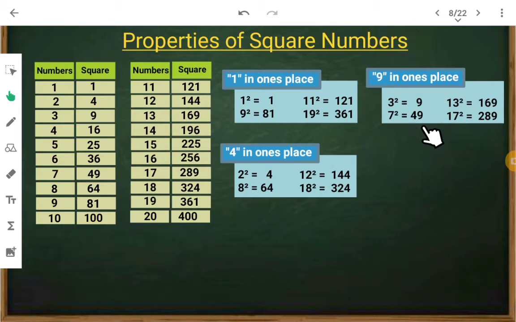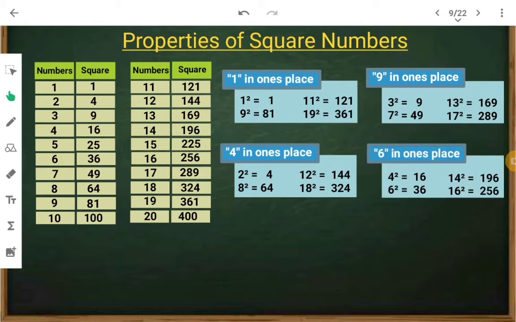So, if a number has 9 in the ones place and it is a square number, then it will have the numbers 3, 13, 23, 33 or 7, 17, 27, like that. Okay, have you understood this?